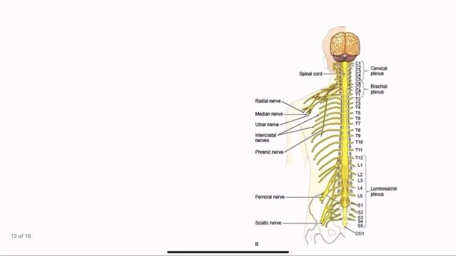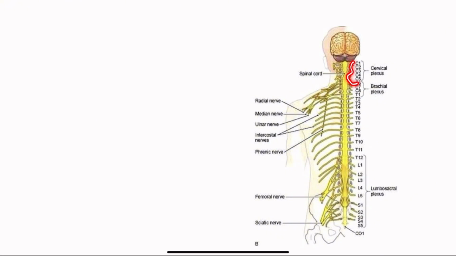subcutaneous nerves. This is the spinal cord. From the spinal cord arise spinal nerves: C1, C2, C3, C4, C5, C6, and so on. All these are spinal nerves named after which region or which vertebra they branch from.